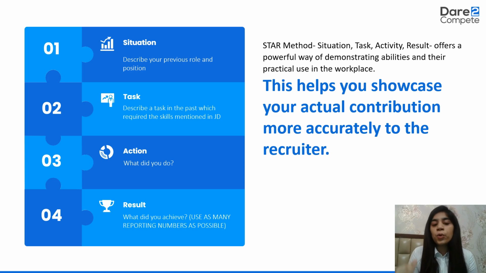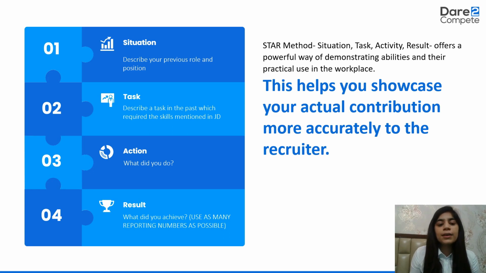Then the last and the most important thing is the result. This is something most B schools and other companies focus on. We get that you did particular actions and had a particular role, but what was the result? What was the impact of you doing that? Make sure you have a lot of numbers in the result. Let's say you worked on an optimization problem.